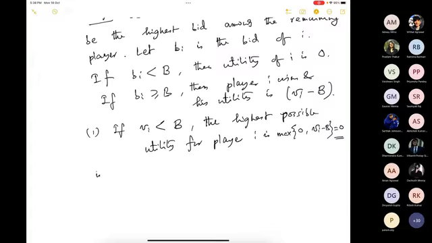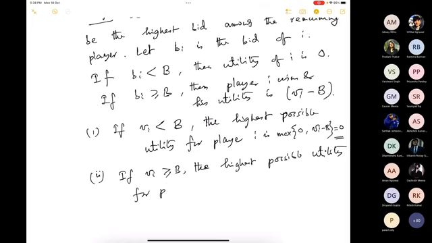Let's see the other case. If Vi is greater than or equal to B, the highest possible utility for player i is max of, again, if it loses, its utility is 0.